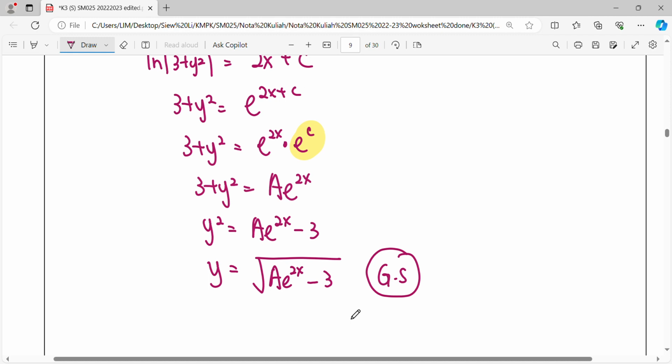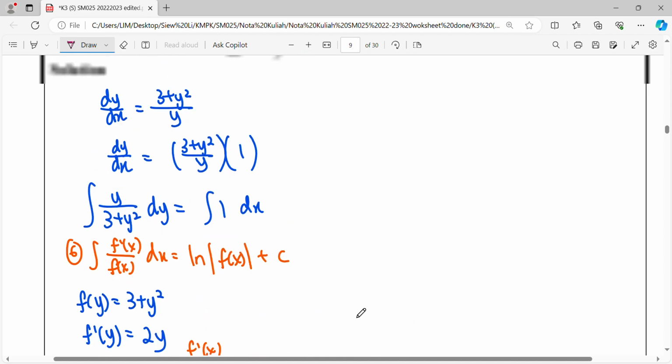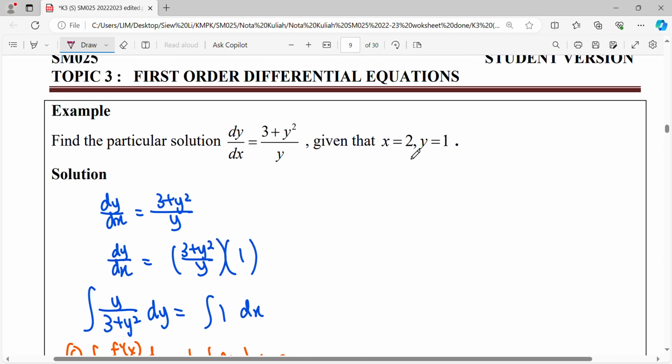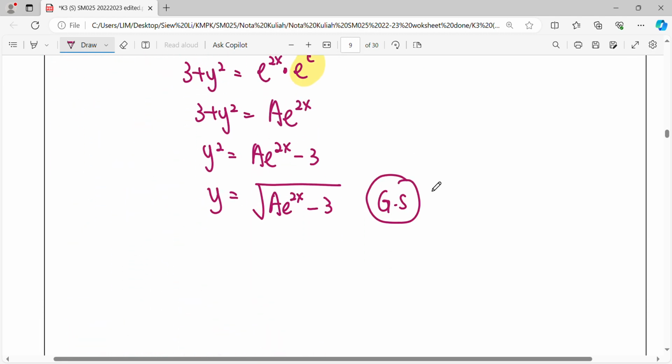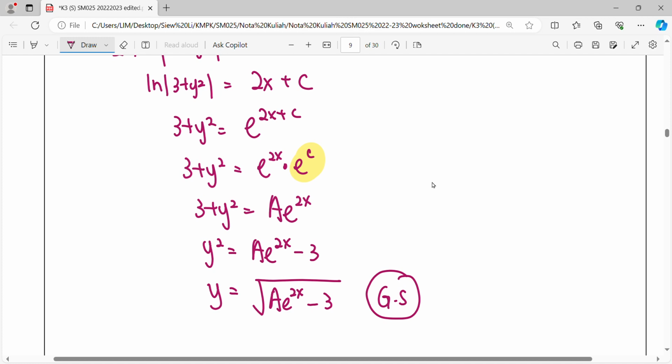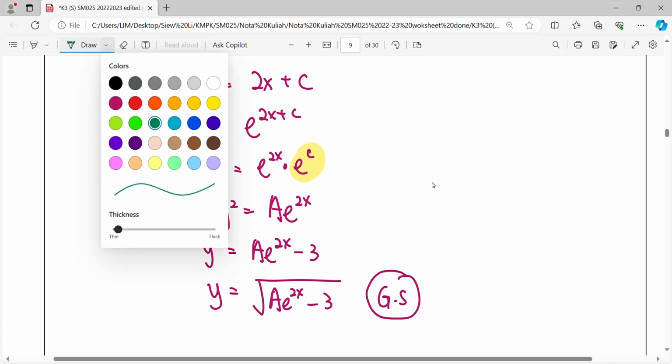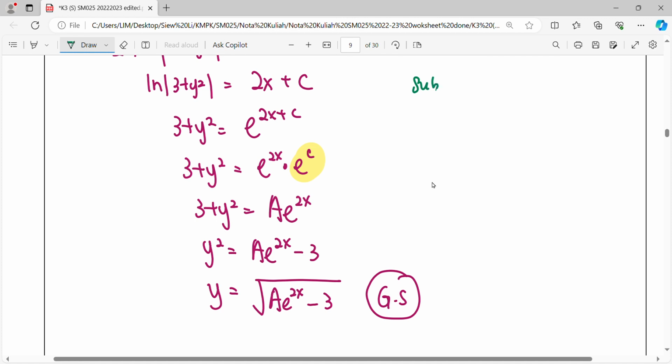To get the particular solution, we are going to substitute, as the question mentioned here, x equals 2, y equals 1. So substitute x equals 2, y equals 1. So 2 times 2 is 4.